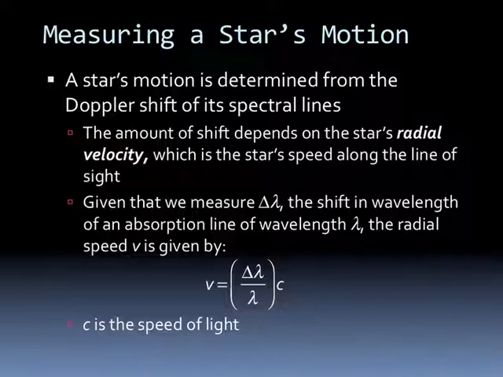Given that we measure a shift delta lambda, delta just means change in mathematics, and lambda is our wavelength, so the change in wavelength over what we know the wavelength should be times the speed of light gives us the velocity. We can measure the star's velocity coming towards us or away from us with very good accuracy.